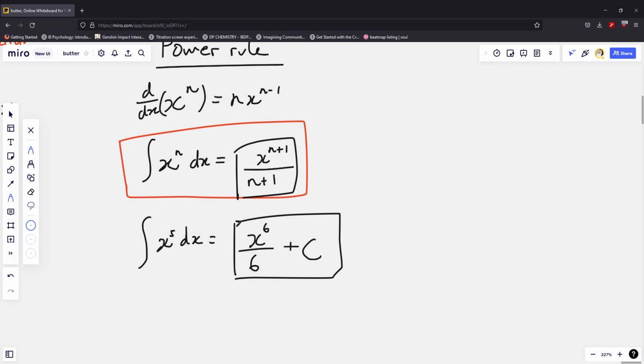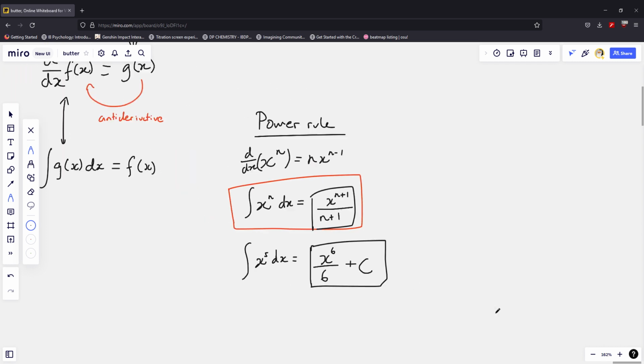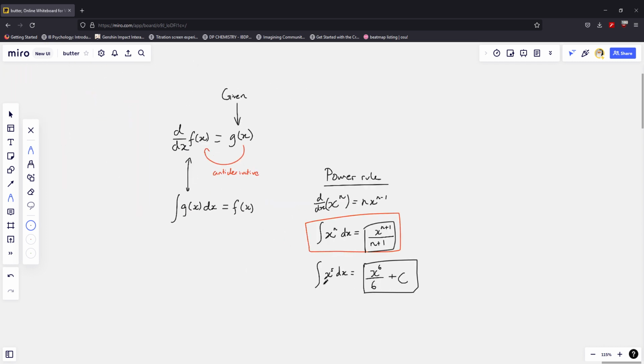Because they all have the same slope at the same point. Some of them are just shifted up and down a bit, but they still have the same slope and they still have the same derivatives then. And so we need this constant plus c to tell us that, okay, well, we're referring to a whole family of functions here, not just this one specific one. But yeah, so that's essentially how we do power rule backwards when we're looking for integrals.